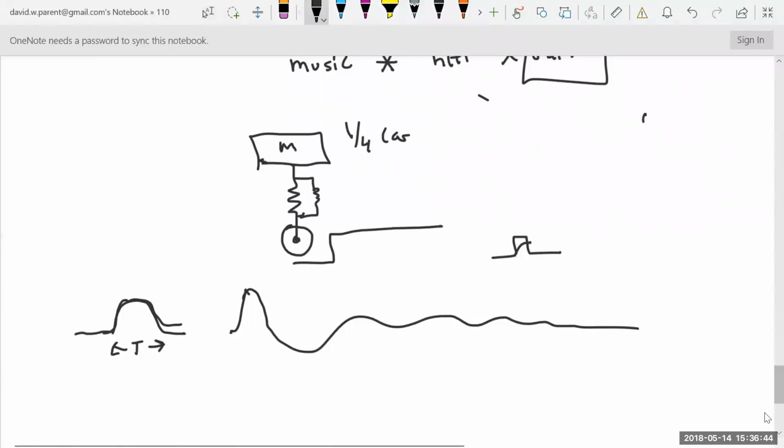If you have a mass swinging back and forth, right, and you want to get the impulse response, well, probably you just need to hit it with a hammer. Boom. And then it'll go. Right?